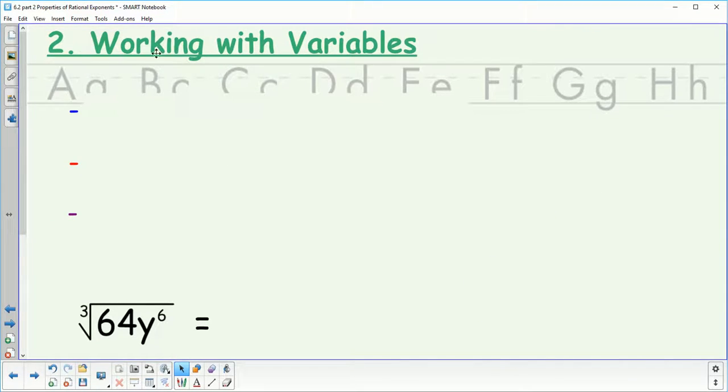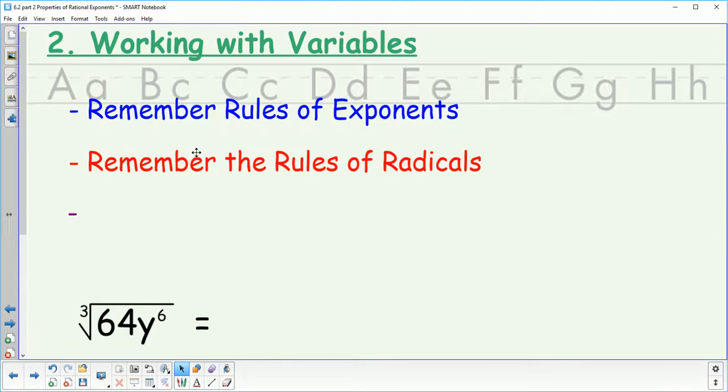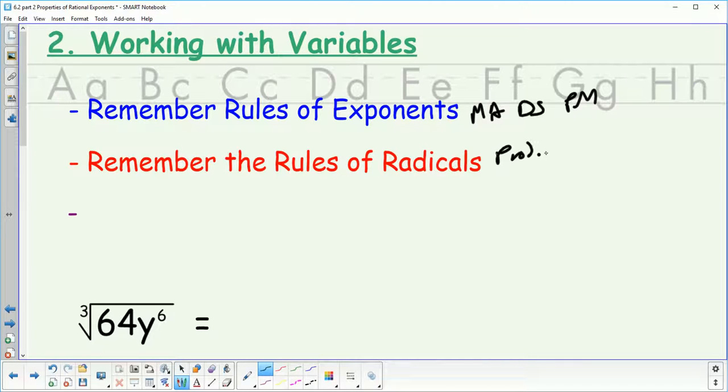And then finally, Objective 2, working with variables. Same idea as simplifying radicals, but we need to remember 3 things. That rules of exponents still exist here. Rules of radicals exist. So the exponents, that was your MADS PM stuff that we talked a little bit about the other day. And then the rules of radicals, there were 2: your product property and your quotient property, which remember just meant you could separate the 2 in multiplication as long as you kept them both under the root, and separate the 2 in division as long as you kept them both under the root.